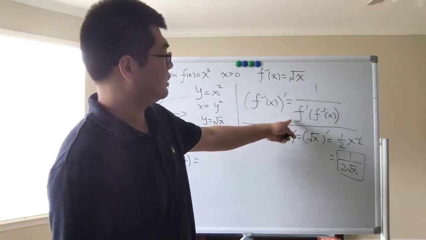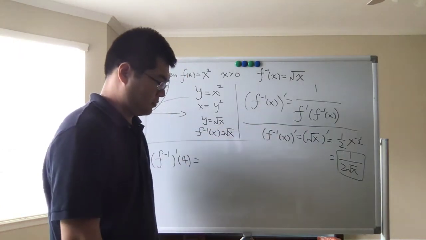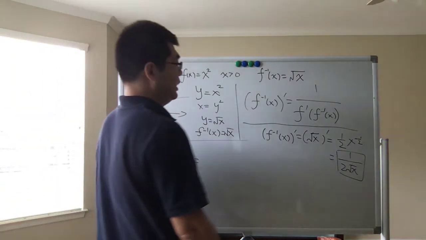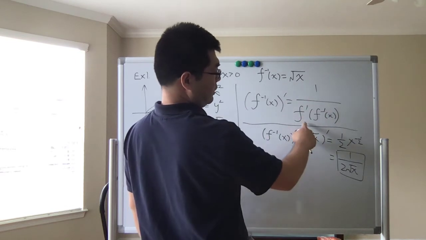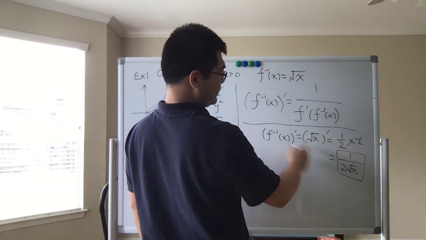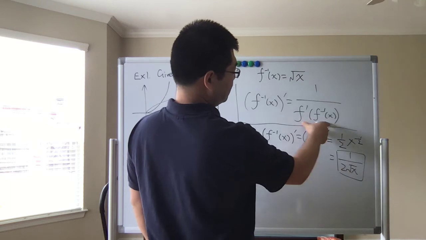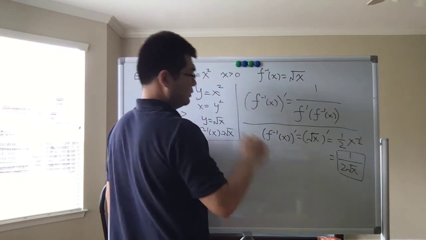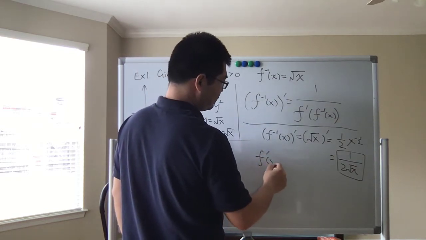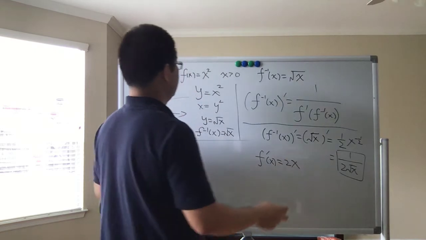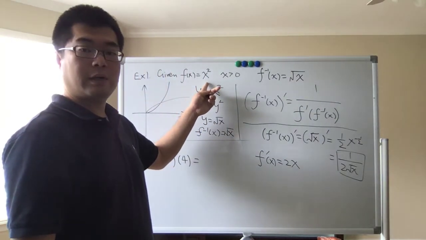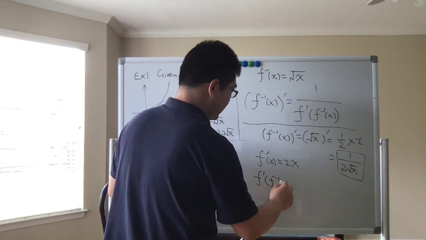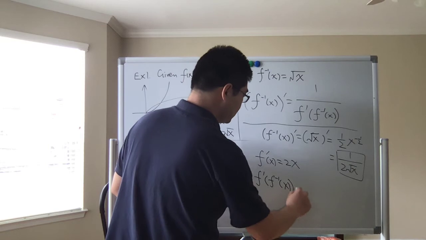But now let's see if the derivative rule for inverse works or not. To verify this, the left-hand side is equal to 1 over 2 square root of x. The right-hand side is 1 over the derivative of the original function. So f prime of x equals 2x, super easy. What is f prime evaluated at f inverse?